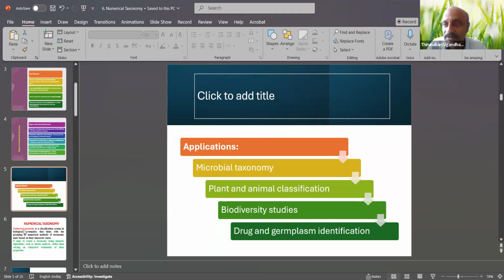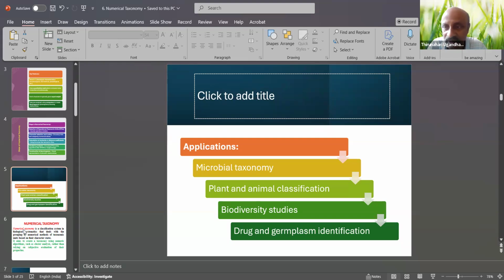It plays an important role in angiospermic plants. So the four major applications are microbial taxonomy, plant and animal classification, biodiversity studies, and drug and germplasm identification.